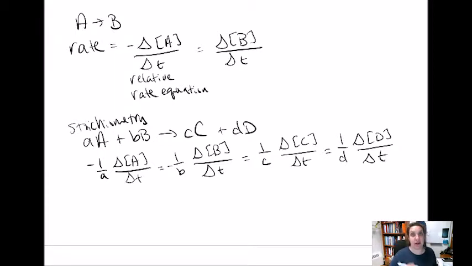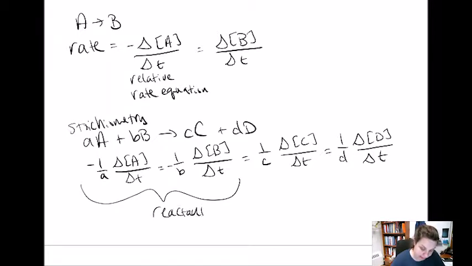So if we know the rate of one substance, we can put it into this equation and find the relative rate of another one. And in this case these are reactants, so we look at the rate of disappearance.